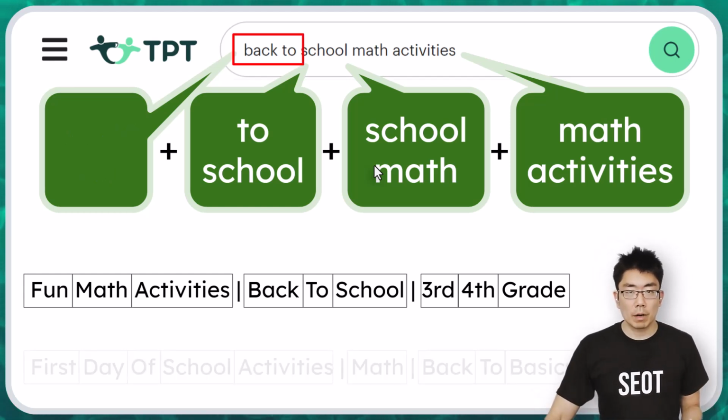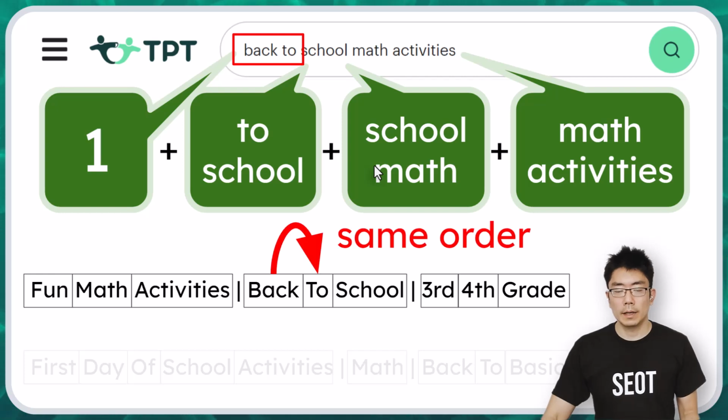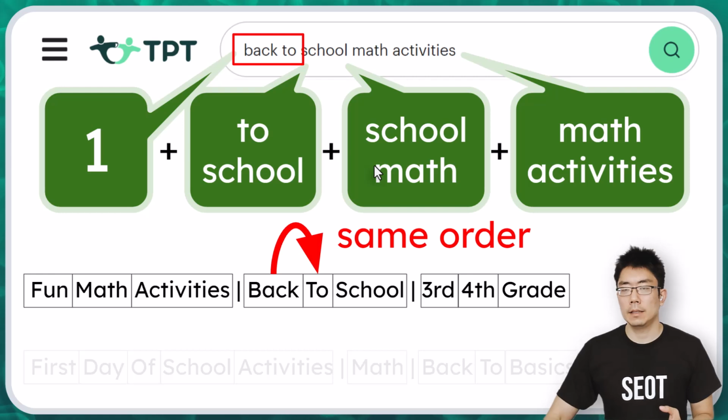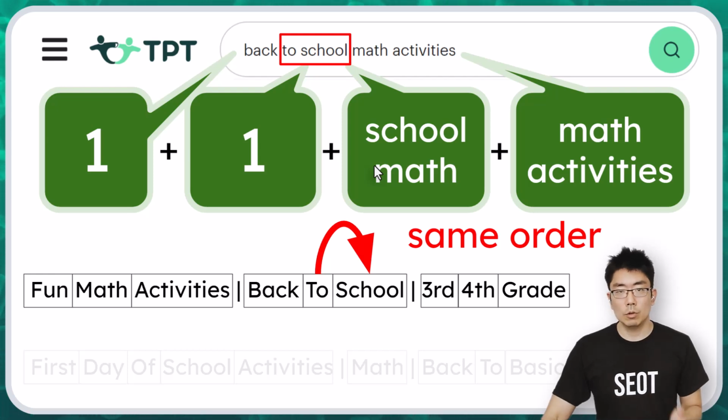In that first product title, Fun Math Activities, Back to School, 3rd, 4th grade, the score for back to is 1, and that's in the same order. Back to is the same order that was searched in the search box. The proximity score for to school is also 1 because to school is the same order in the product title.